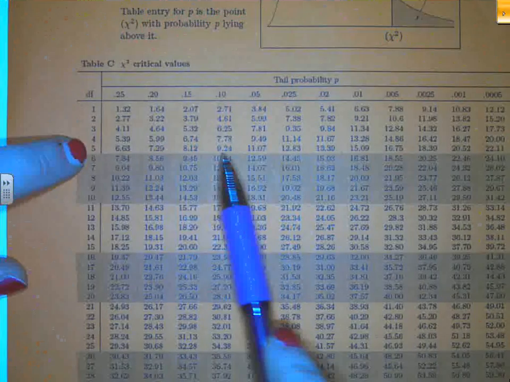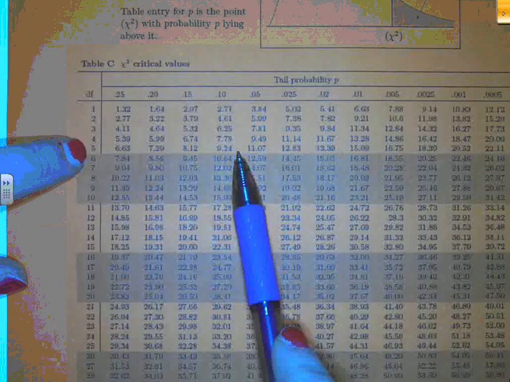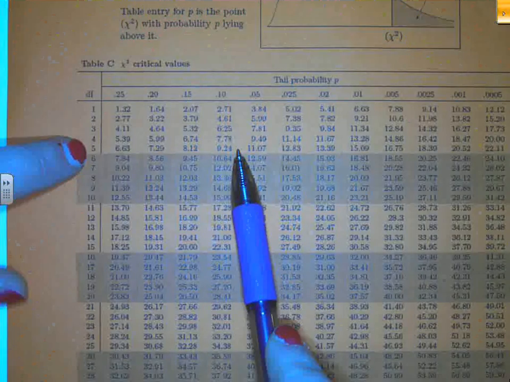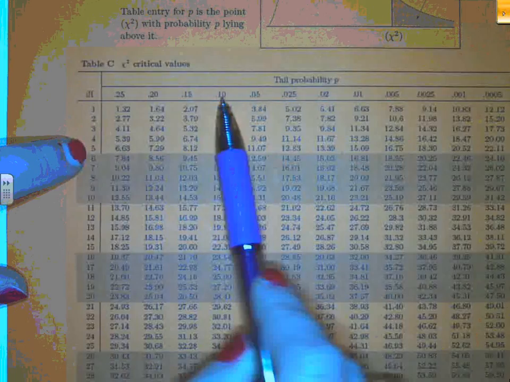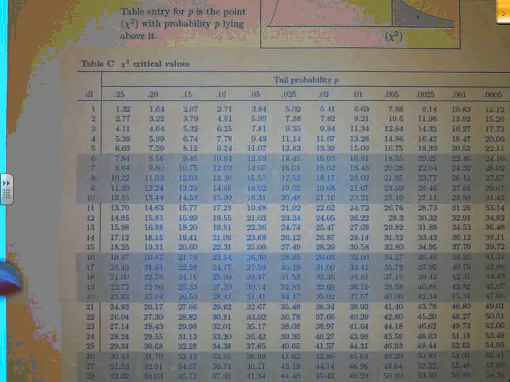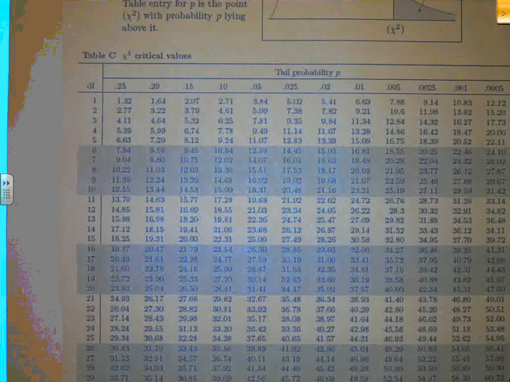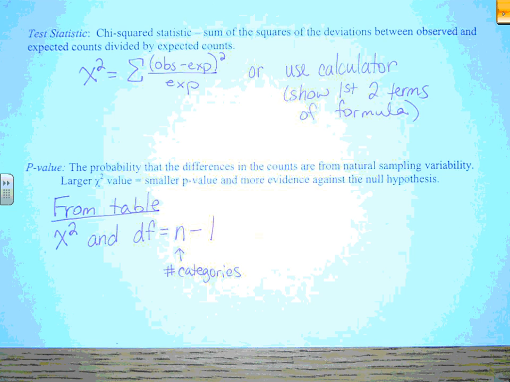Like that says 9.24. So ours is a little bit higher than that. So our p-value would be a little bit below 0.1, so probably like 0.09 or 0.08. Okay, that's all you have to do with the table, which you probably won't do. But I thought I'd show you anyway.